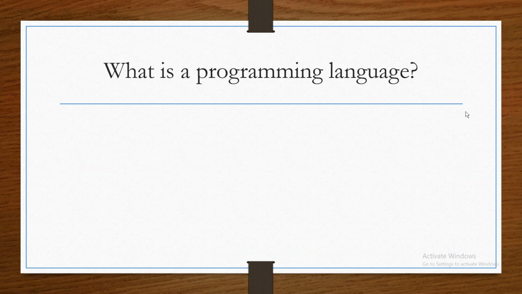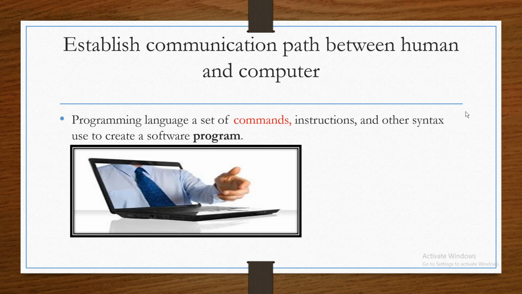Right? So then what is a programming language? The programming language acts as a bridge between your system and the person. By using a programming language, you can command your system, so you can get the work from a system. For that, you have to give a command by using a programming language. Here you're trying to communicate with the system in a system understanding language.